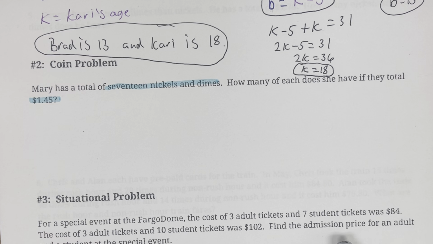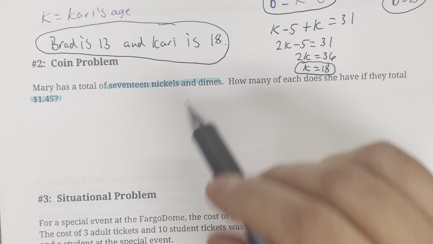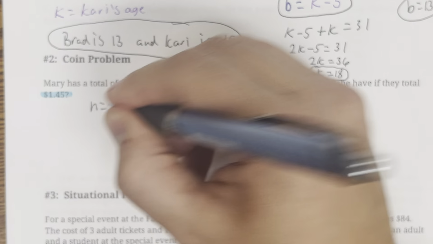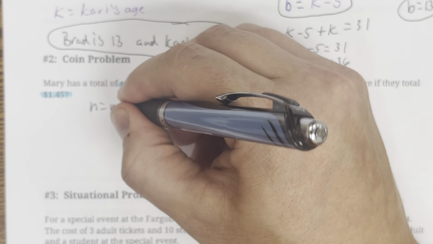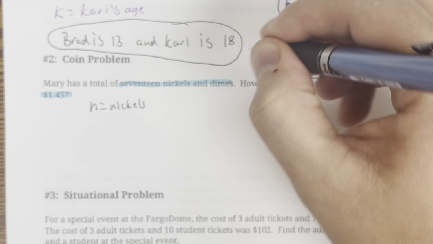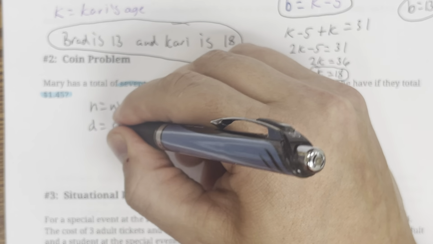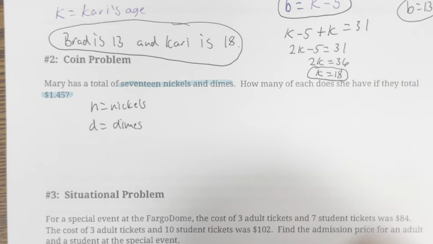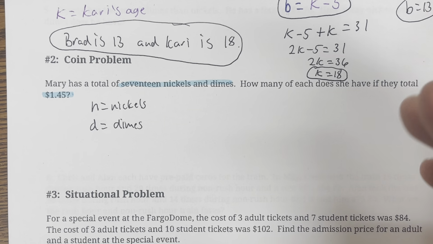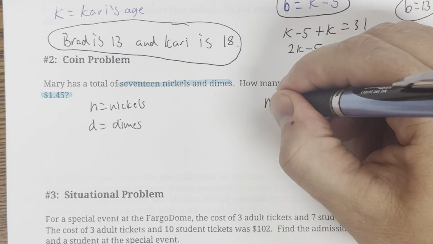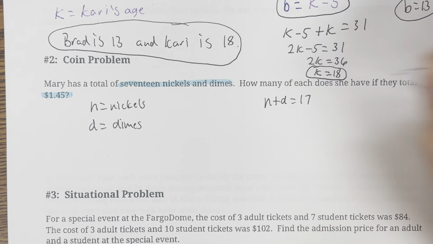First we need to define our variables. Our two types of coins are nickels and dimes. So N can equal nickels, and D can equal dimes. We have 17 total coins. Okay, so nickels plus dimes has to equal 17.